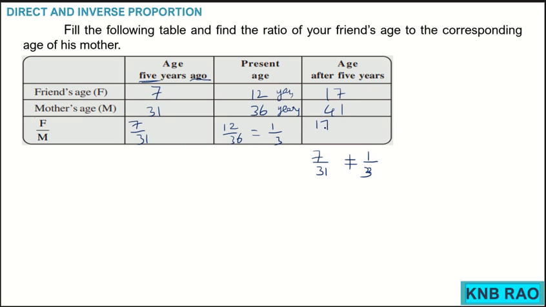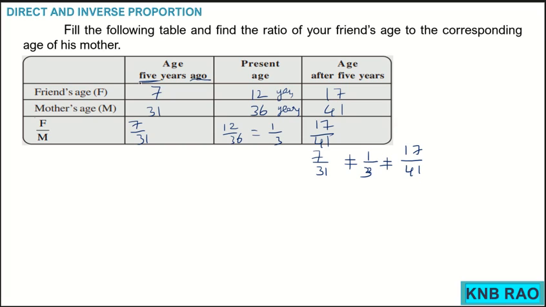Certainly, the ratio between 17 and 41, 17 upon 41, if you calculate, will never be equal to 1 upon 3. So, children, even if the age of your friend is decreasing and his mother's age is also decreasing, still the ratio of their ages is not equal.